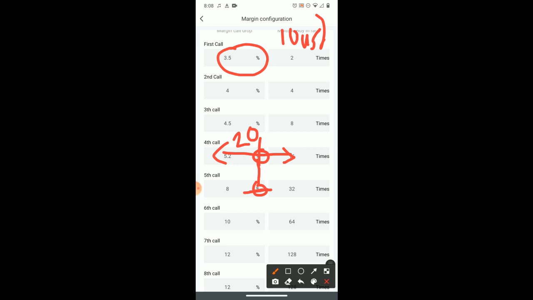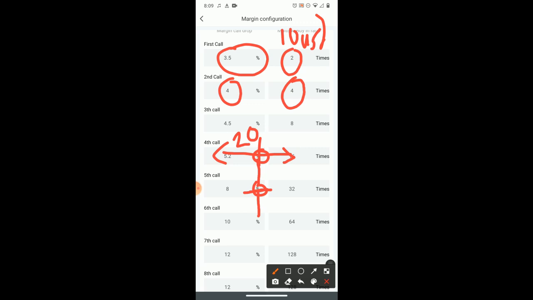Now it means that when it falls 3.5%, you said 2 times, it will buy $20. That is 2 times 10. Then instead of this coin going up, it fell down again. It keeps falling. It now falls by another 4%. What will happen? This robot will buy $40. Do you not get it now?